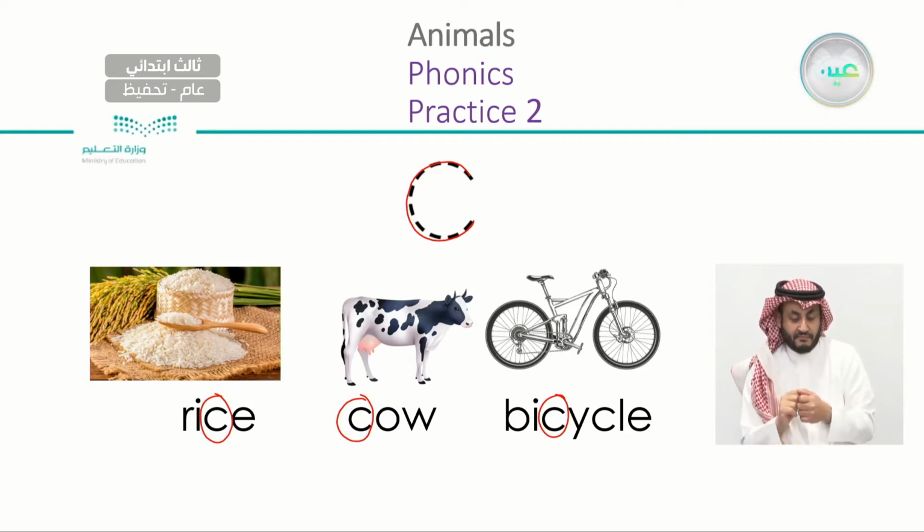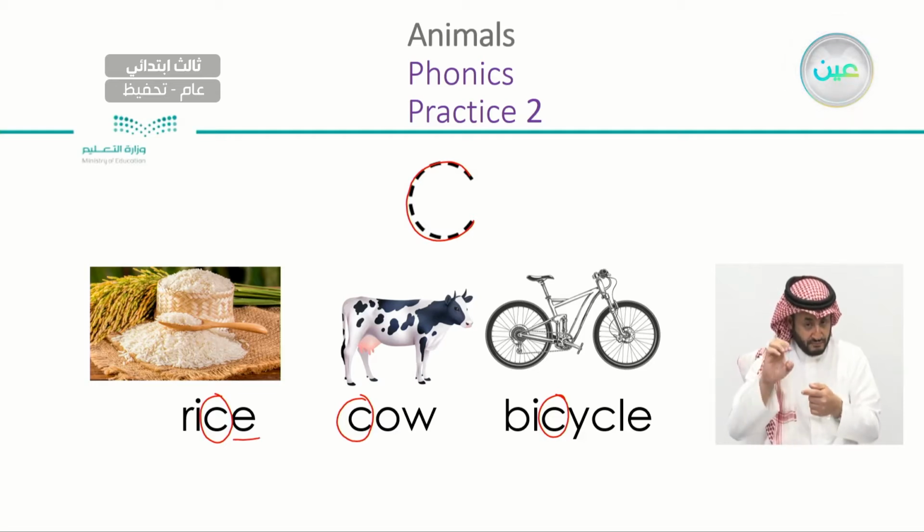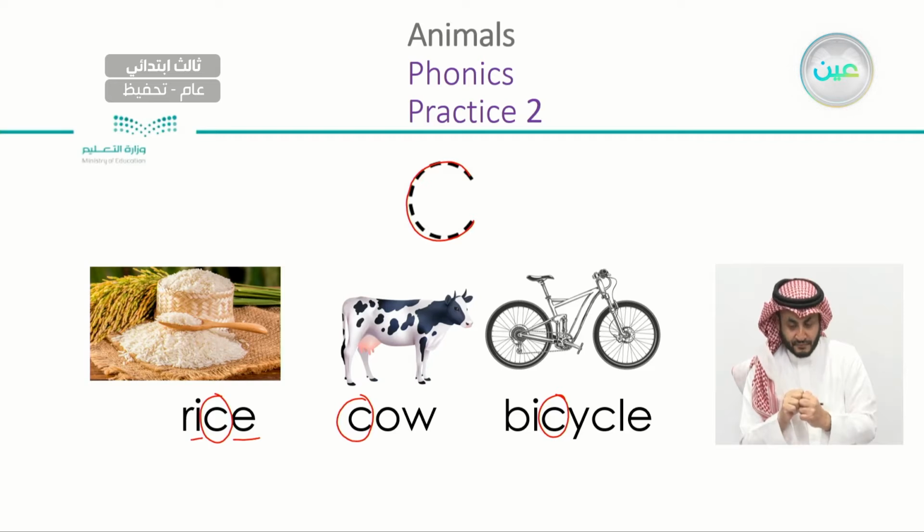Actually, what do we have after? Yes, we have the magic E. And before that we have a vowel. So the I became long and this E made the C have the S sound.